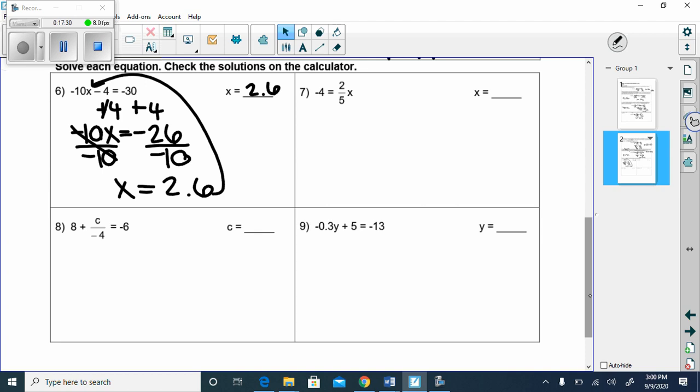Number 7. I've got negative 4 equals 2/5 x. How do I get the x by itself? We could do that, and then we would just have 2x, right? If we want to get rid of all that fraction all at once, right now it's 2/5 times x. So to get rid of it, we could just, yes, divide.